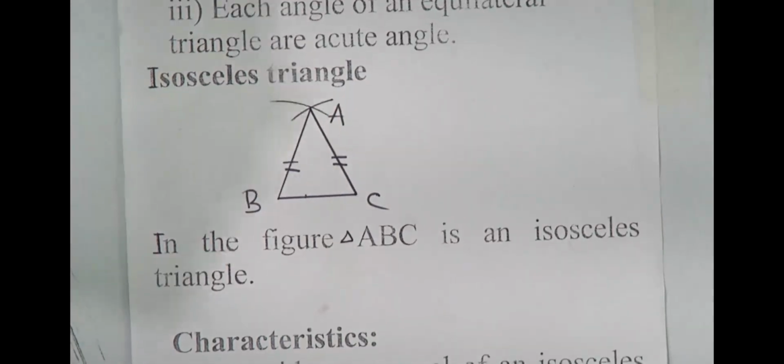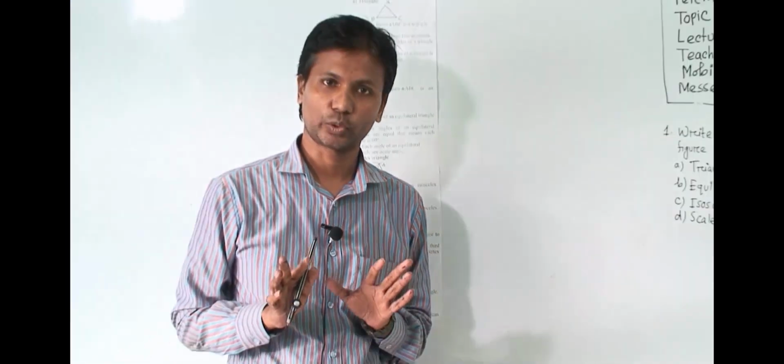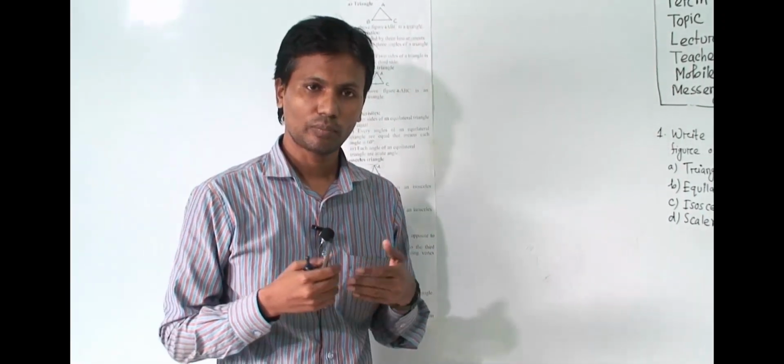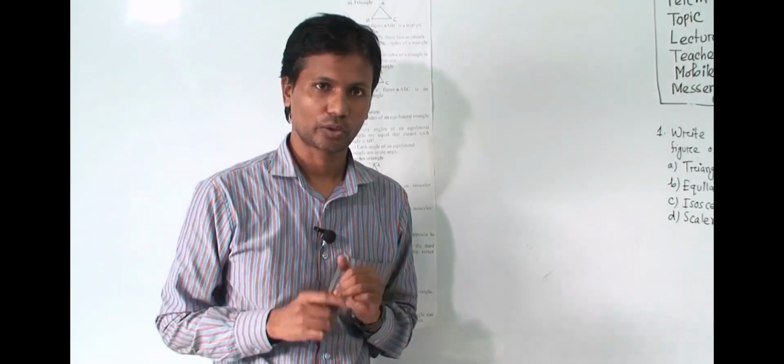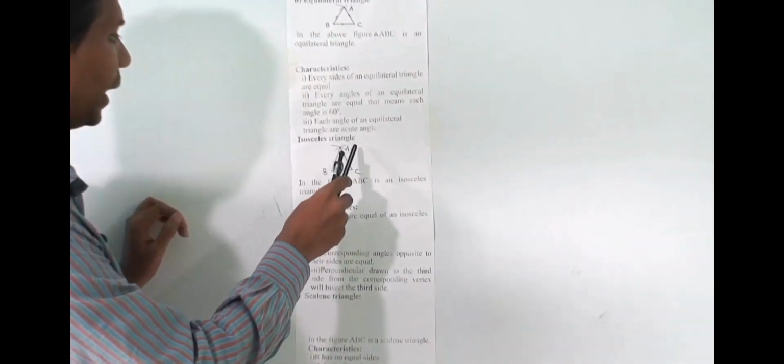Now what are the characteristics? Two sides of an isosceles triangle are equal. That means AB side and AC side are equal. Number 2 characteristic: the angles opposite to the equal sides are equal.